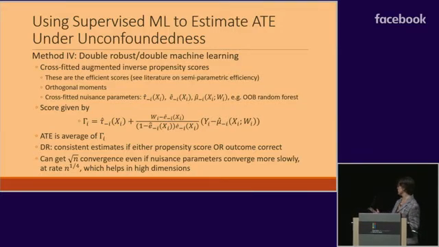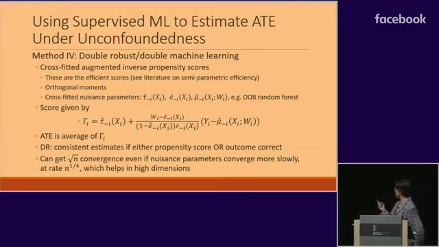And in particular here, we could say it's doubly robust, as I said before. If you get either the outcome model wrong or the propensity model wrong, you'll still get the right answer. And so if I use this approach, I'm going to get root-n convergence, even if the nuisance parameters converge more slowly, say at rate n to the fourth, which helps in high dimensions.